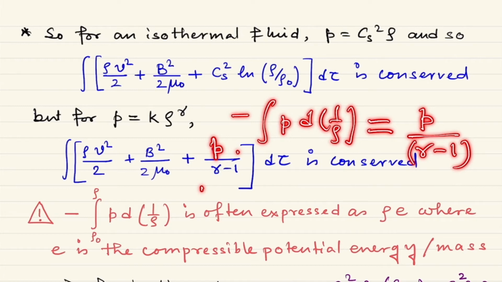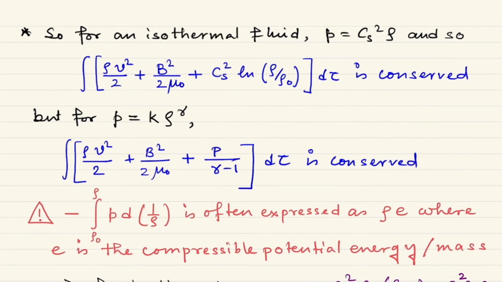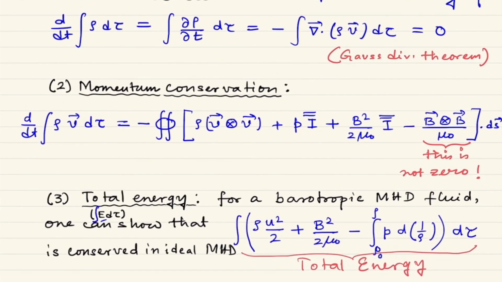I think there is a small mistake. Just a minute. So P d rho, yes. I think this is just a function of p by rho. So there should be a rho multiplied throughout, because this is only the functional form for the internal energy, or compressible potential energy.